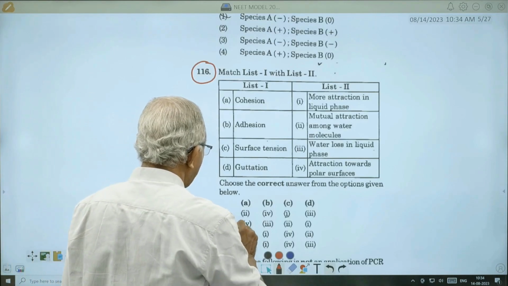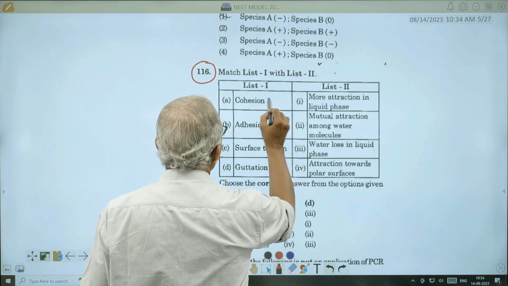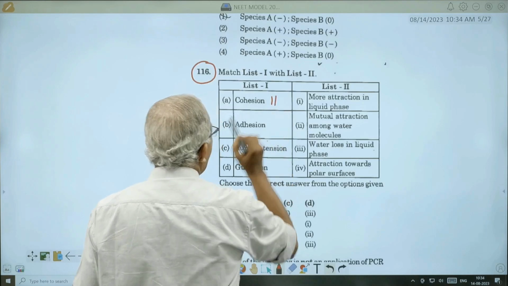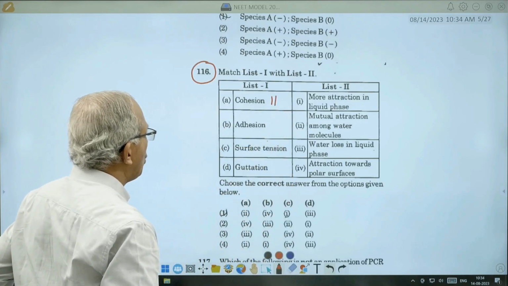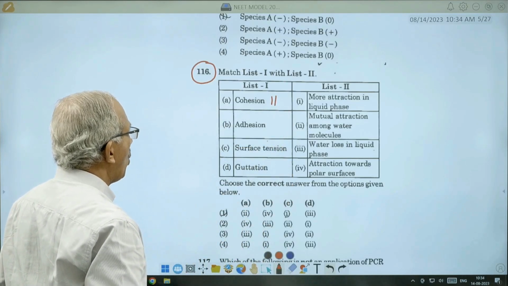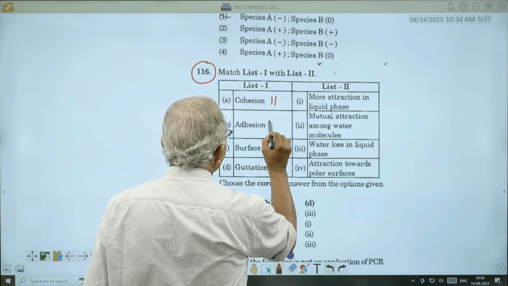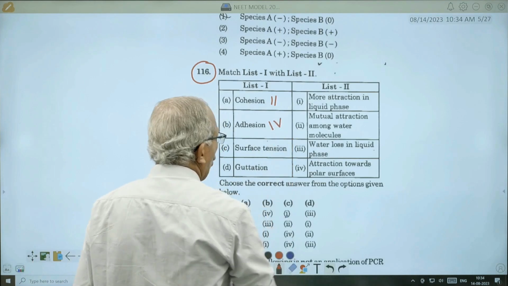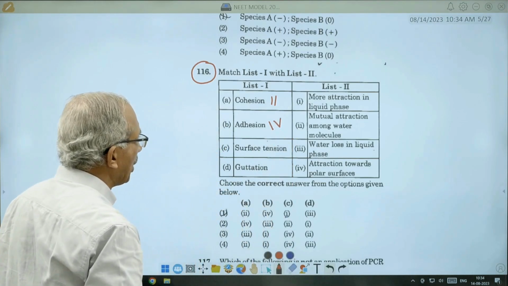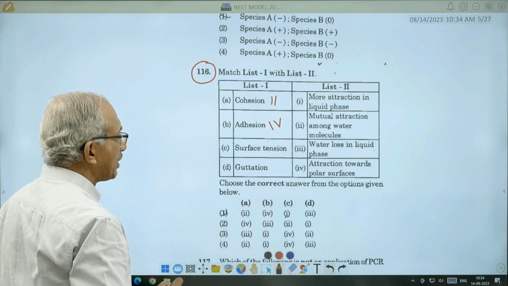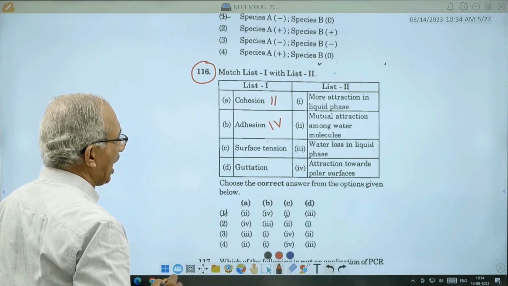It can be matched with 2: attraction, mutual attraction among water molecules. Next is adhesion. It can be matched with 4: attraction towards polar surface of tracheary element.